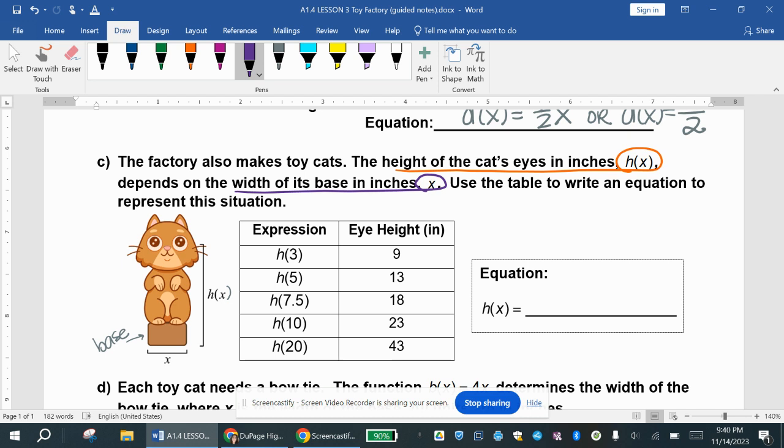So our input values are the x values. Input values are x values, that's the width of the base. Our output values are the height, how high the eyes are, the height of the eyes. Okay, that's h of x.